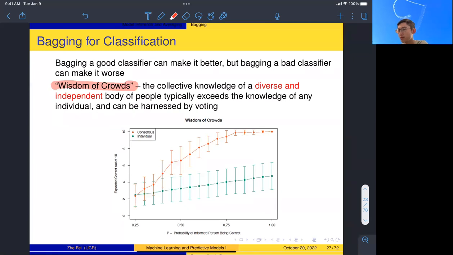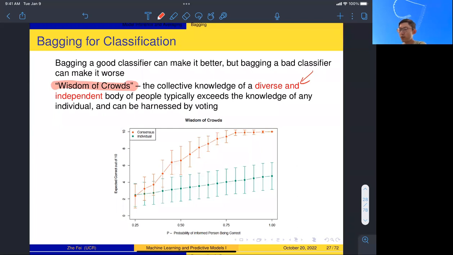So the idea is that the collective knowledge of a diverse and independent body typically exceeds the knowledge of any individual and can be harnessed by voting. However, the key assumption here is diverse and independent individuals, which may not be the case in some of the politics nowadays.